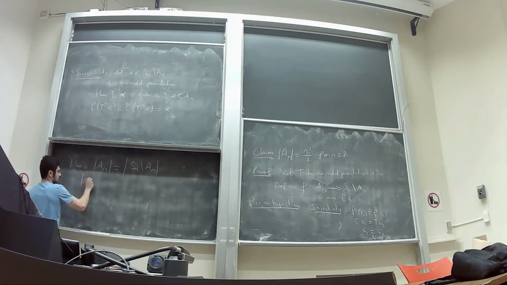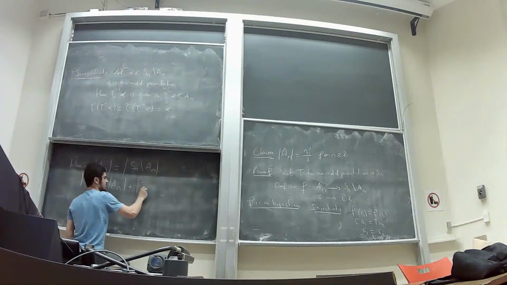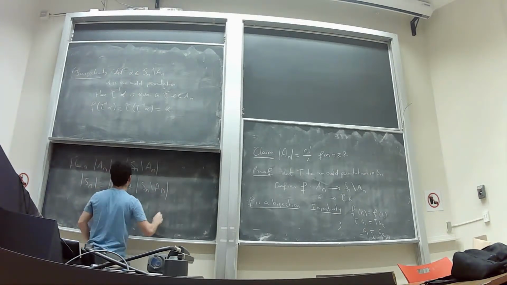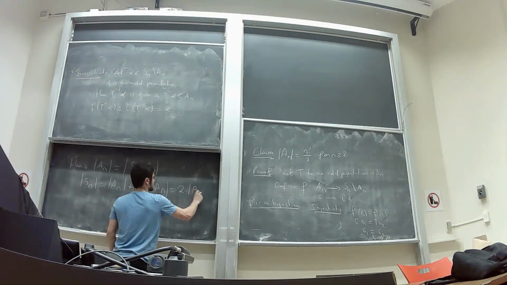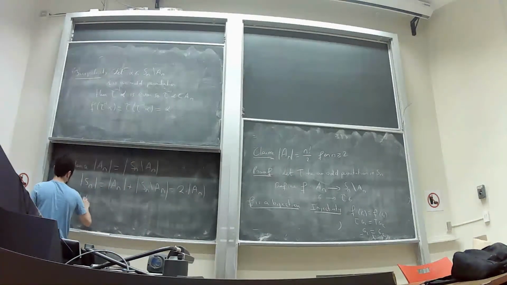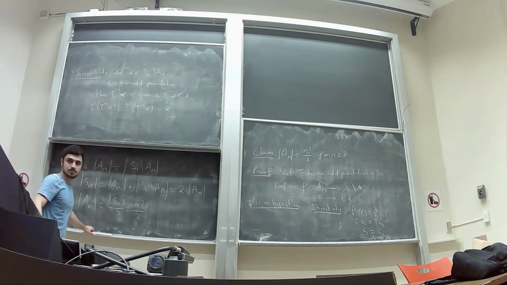But I know that the cardinality of Sn is equal to the cardinality of An plus the cardinality of Sn minus An. So this is just 2 times An. We can take out An. So the cardinality of An is n factorial over 2.